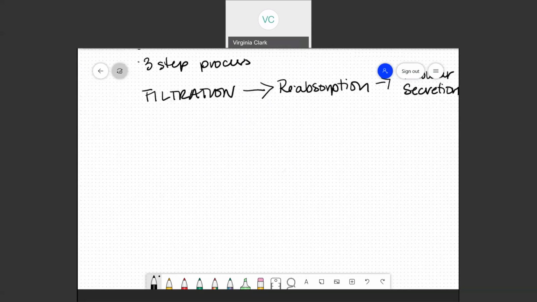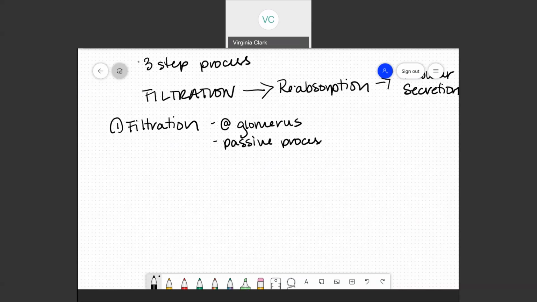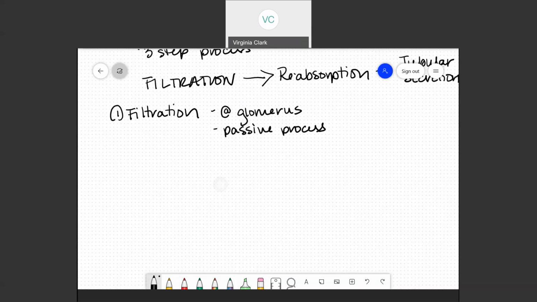So the first step is going to be filtration. Filtration is going to happen at the glomerulus. We'll go up there and look at that in a second. It is a passive process. What you are doing with filtration is you are simply going to take part of the blood from the capillaries and filter it into the proximal convoluted tubule.